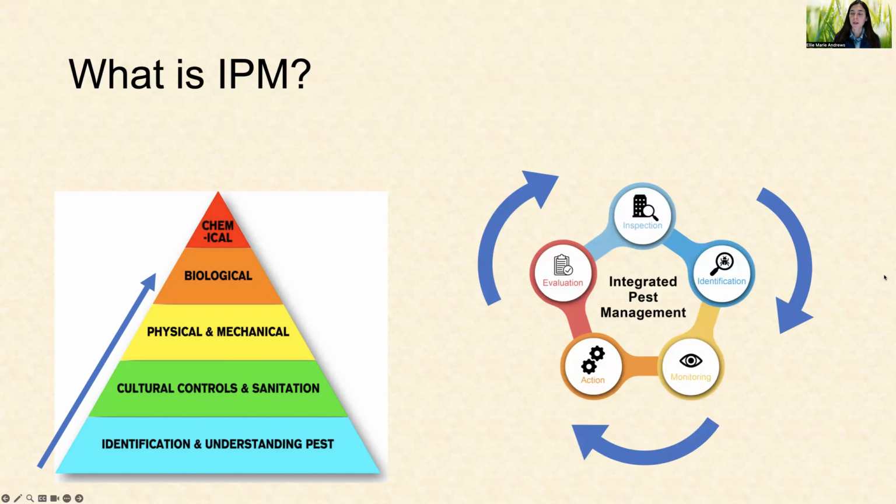At the same time, especially more recently, we've seen different visual representations of IPM, and now we're seeing a lot more cycles or circular representations where we are doing a lot of these things in a cycle and repeatedly. So starting with ID, going into monitoring, keeping records, taking action, seeing how it goes, evaluating whether it helped keep pest levels under your threshold, inspecting the damage, inspecting where the pests are and how many, and just repeating this cycle and reevaluating your approach.